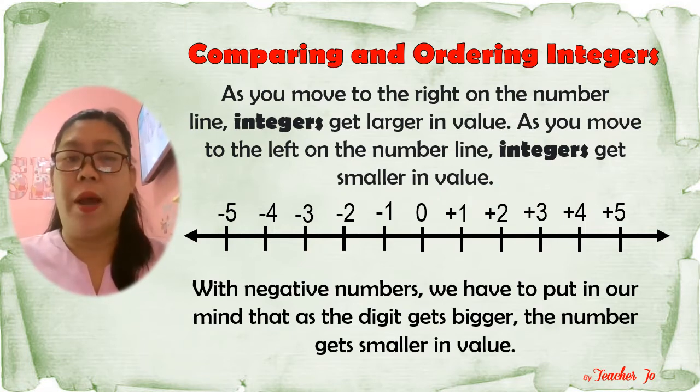With negative numbers, we have to keep in mind that as the digit gets bigger, the number gets smaller in value. As an example, negative 1 is greater than negative 2. 0 is greater than negative 5. And 1 is greater than 0. Later, we will have more practice about comparing and ordering integers.